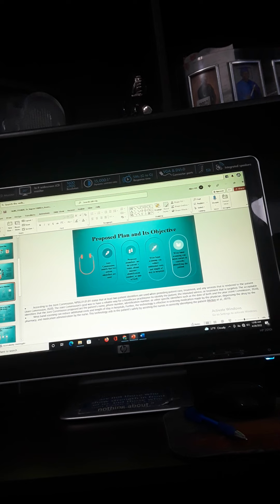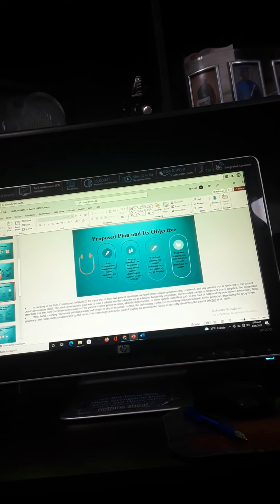The Joint Commission's goal was to have a reliable way for a healthcare practitioner to identify the patient and the intended service or treatment that is targeted. The acceptable identifiers that the Joint Commission proposed are the patient's name, phone number, identification number, or other specific identifiers such as the date of birth.